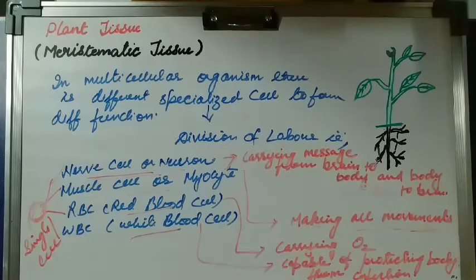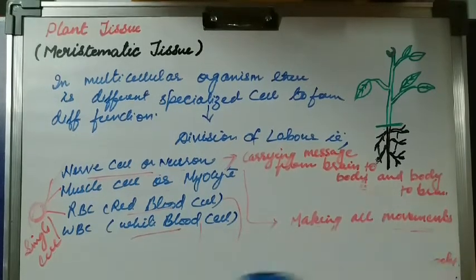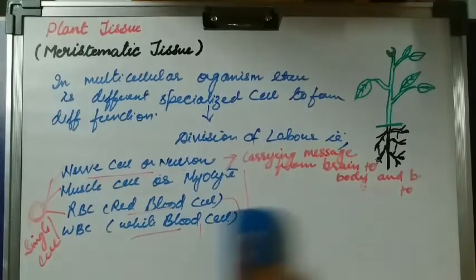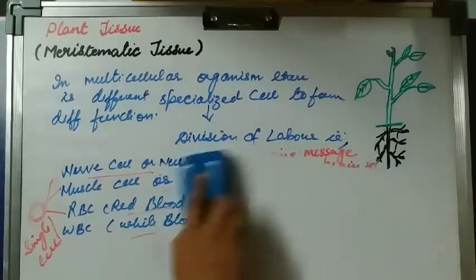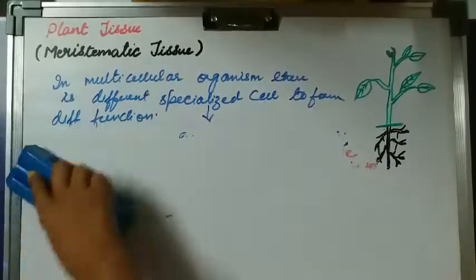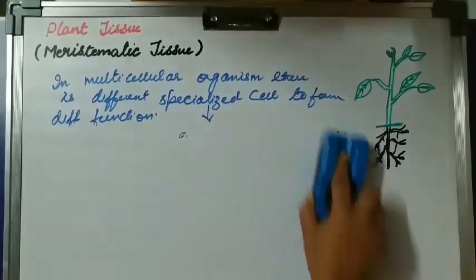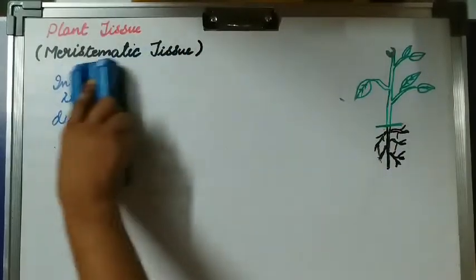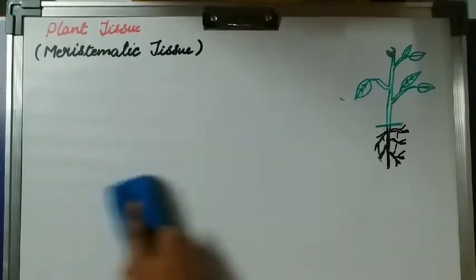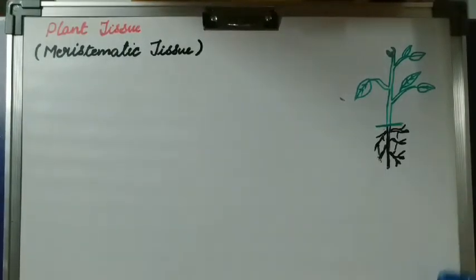Now we will move to the tissue. Basically, the tissue is divided into two, that is your plant tissue and your animal tissue. This was a short description about the tissue, how it came into existence.